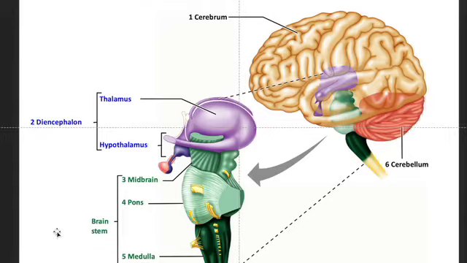Basic organization of the brain. We can divide it in lots of different ways, but one way we do it is dividing it into 5 parts. So let's start at the bottom, actually. The spinal cord evolves into the medulla oblongata as one ascends rostrally, and it's part of the brainstem. So the other 2 parts of the brainstem are the pons and the midbrain.